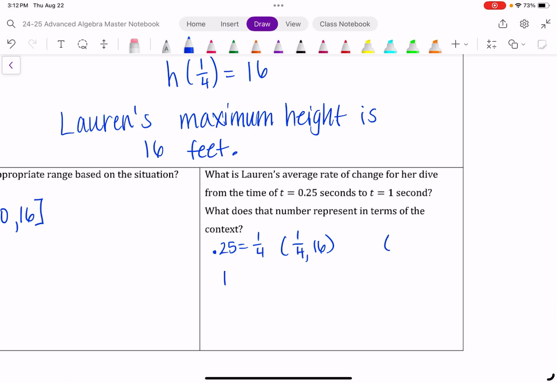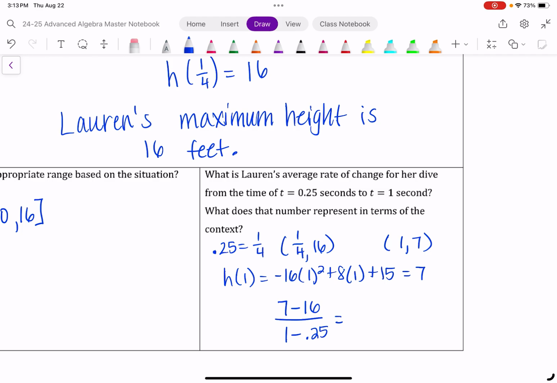So we have to plug that in. We need to do h of 1. That's negative 16 times 1 squared plus 8 times 1 plus 15, and that is equal to 7. So there's our 2 points. So we say 7 minus 16 over 1 minus 0.25, or 1/4, whichever one you want to use.